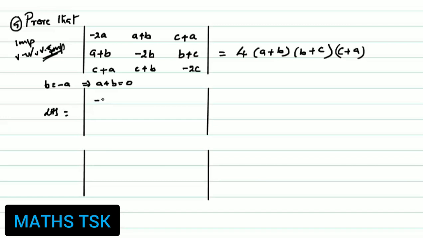This is minus 2a, 0, c plus a. And then again, a plus b becomes 0, minus 2b, where b is equal to minus a, so plus 2a. And then b is minus a, so I can write it as minus a plus c. And then c plus a. And then c minus a. And then minus 2c.